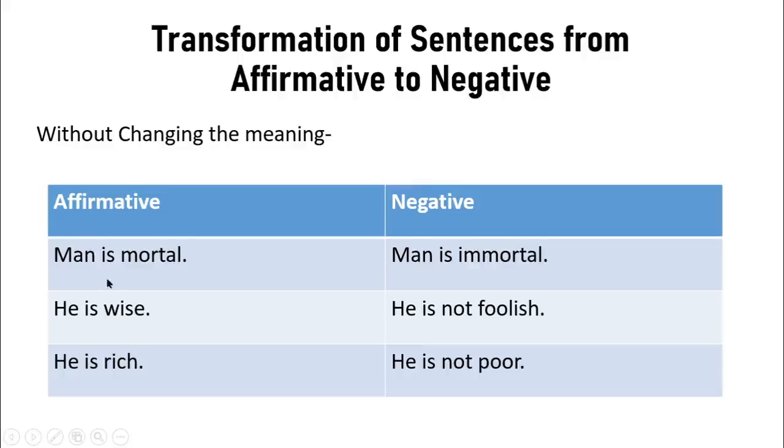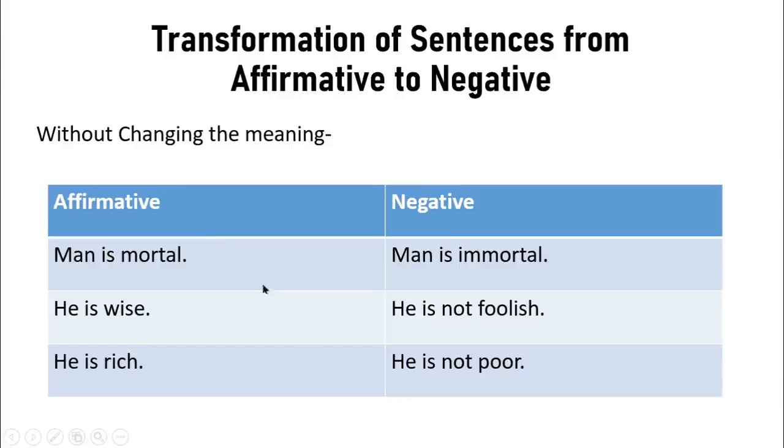Here you can see mortal is an affirmative word and immortal is a negative word. While we want to transform some sentences without changing the meaning, we have to follow some rules.